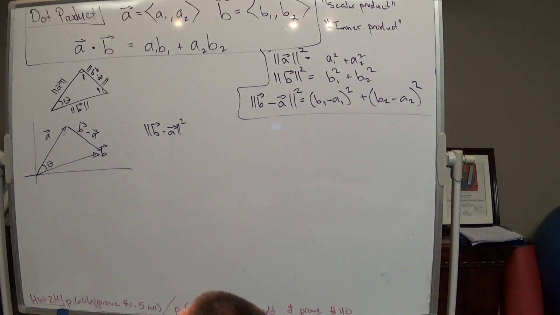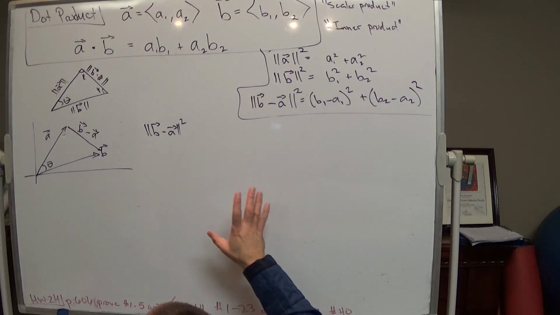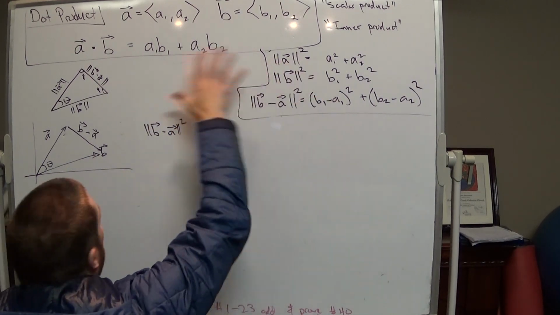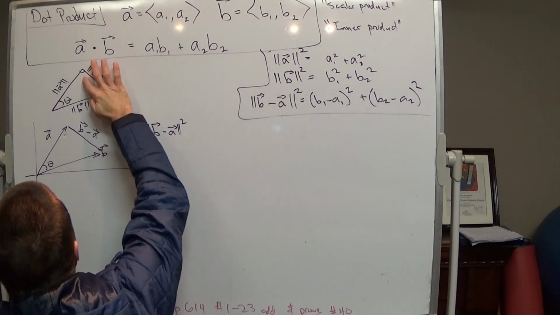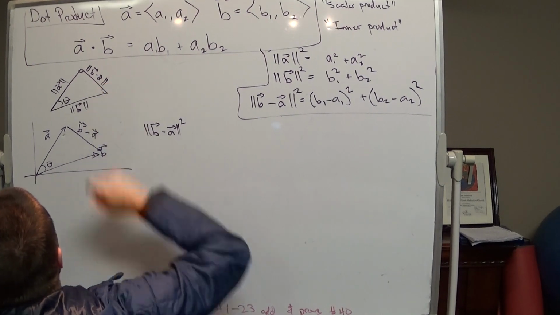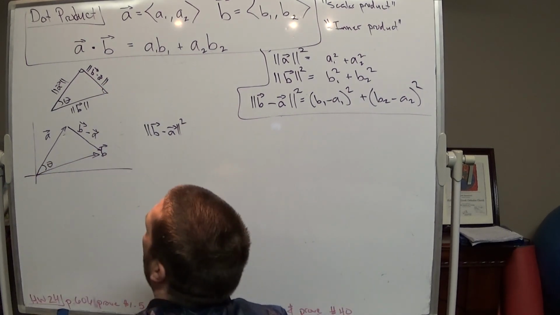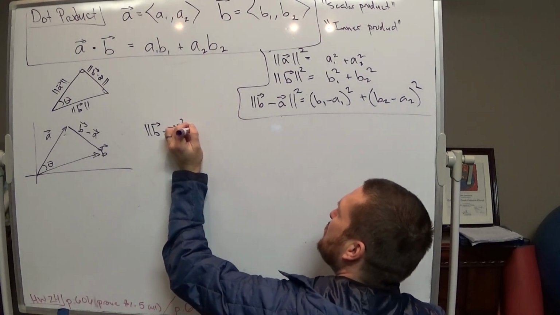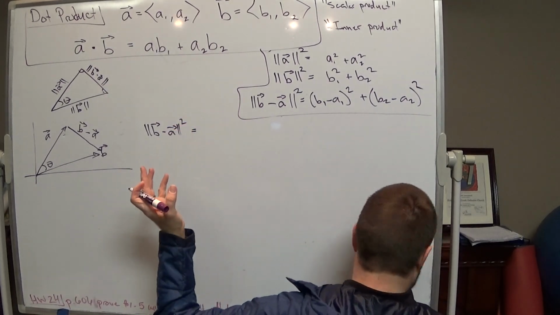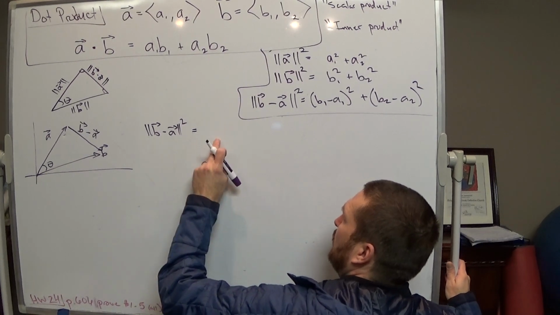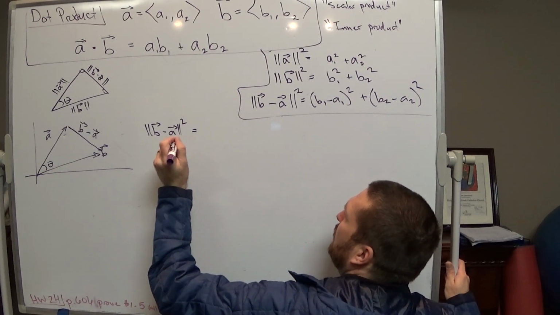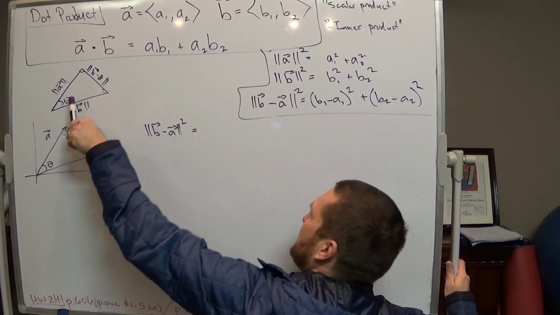Okay, that's great, but right now we're talking about the angle between two vectors. That is the thing that we want to show up. So what would that be? And so what is the law of cosines in this case? C squared equals... well, yeah, good, but in terms of these guys.